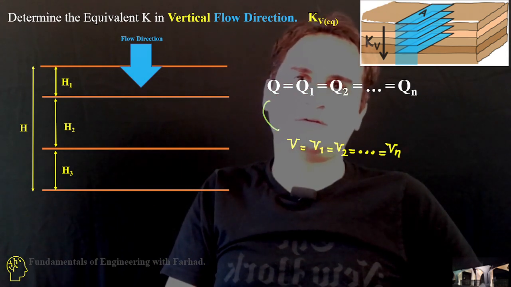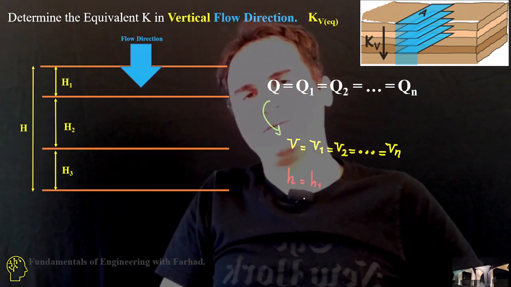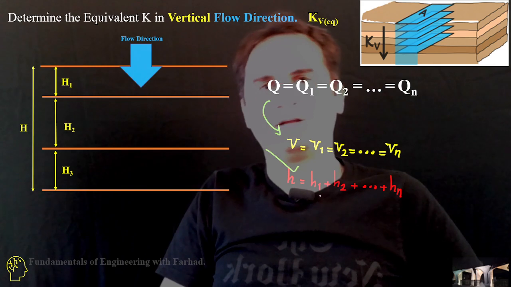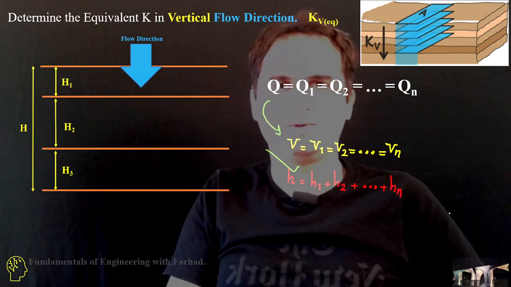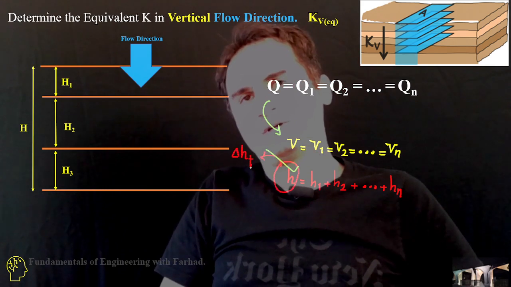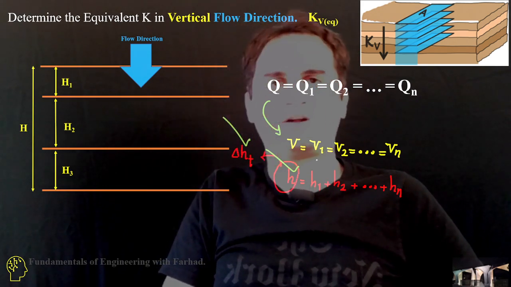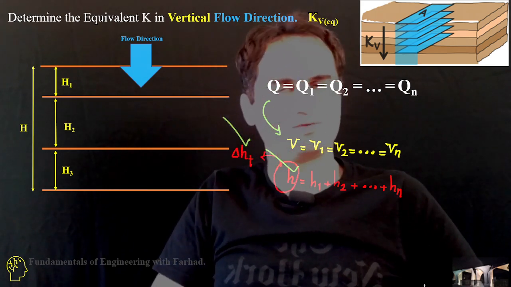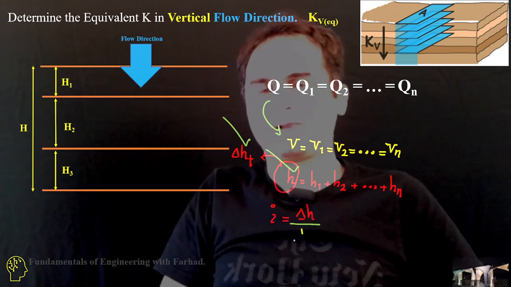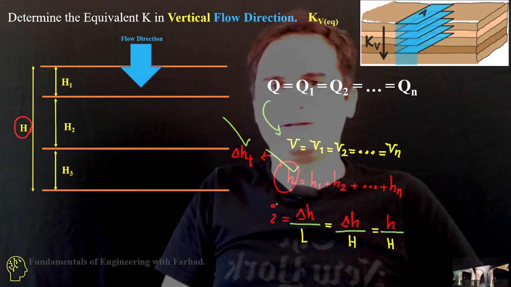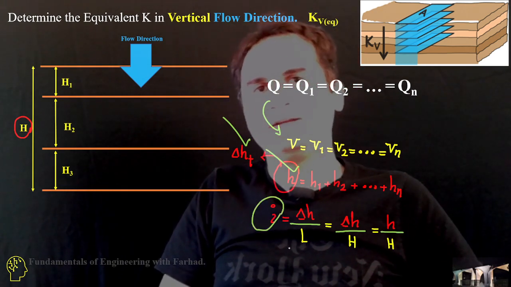So if velocity remains the same in all layers and the head of water consists of all of them, h1 plus h2 up to hn, that's delta Ht. We can also call it delta H1, delta H2. That's just the measure of the head loss of water. I is the hydraulic gradient of soil.